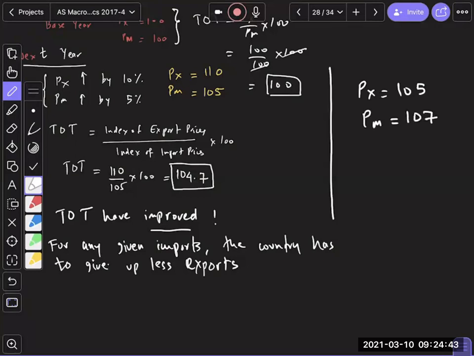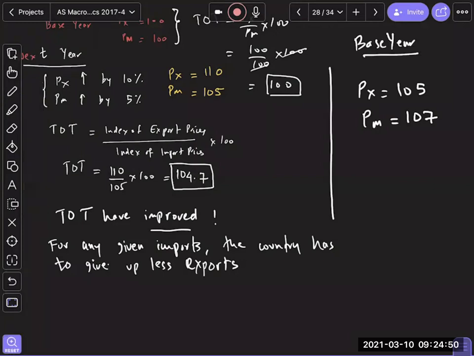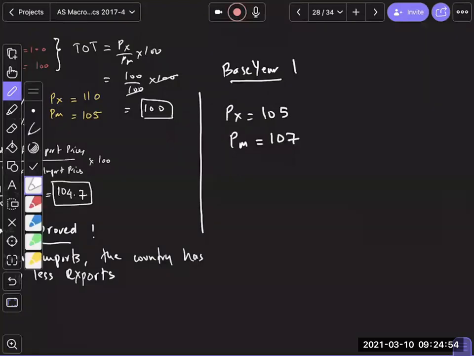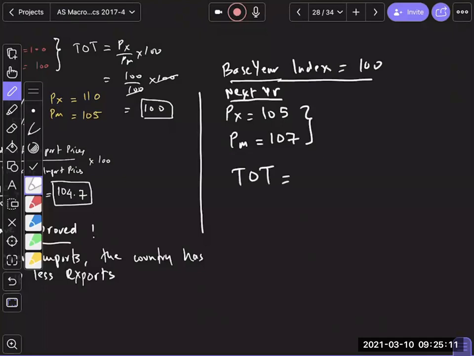And the base year index value is 100. What happens next year is this: PX is 105, PM is 107. What's the value of my terms of trade? So 105 over 107 times 100, which means the value has gone below 100, which is how much?